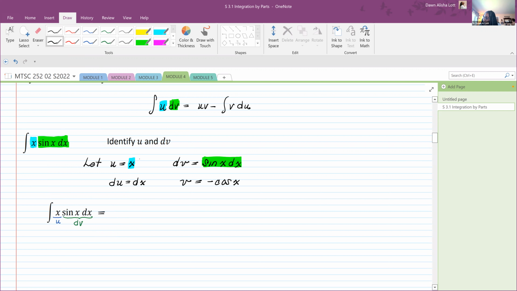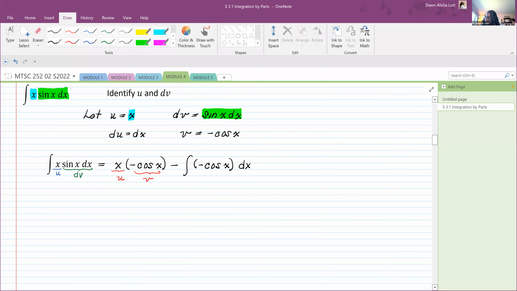We need u, which is x, and we need v, which is negative cosine of x. So here we have u, and then we have v, and we need minus the integral of v, which is negative cosine of x, du, which is just dx.